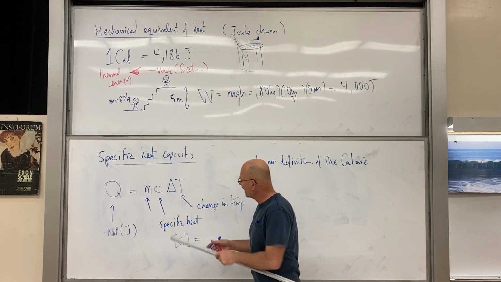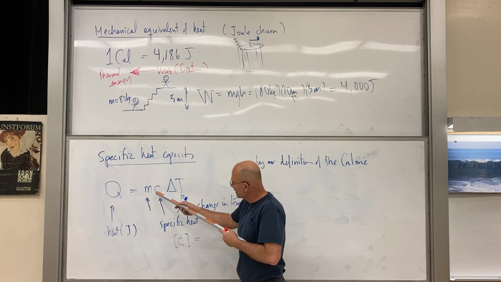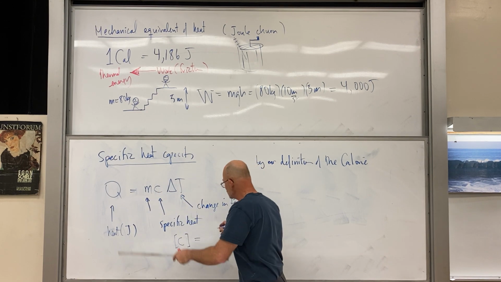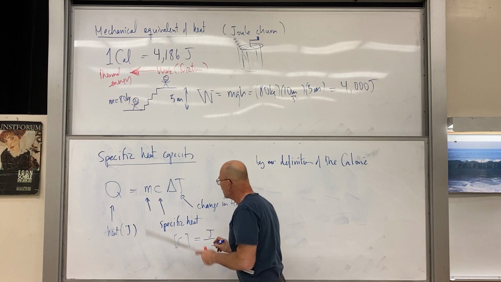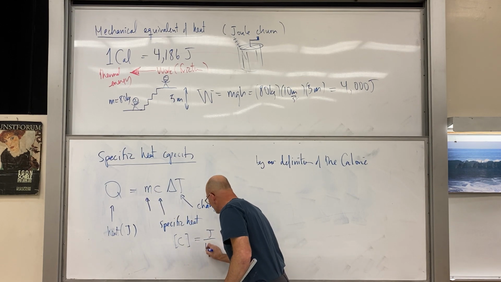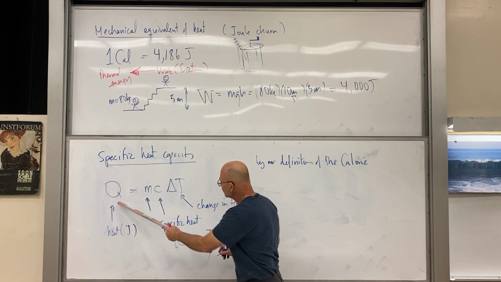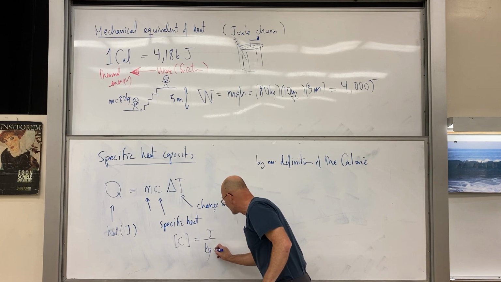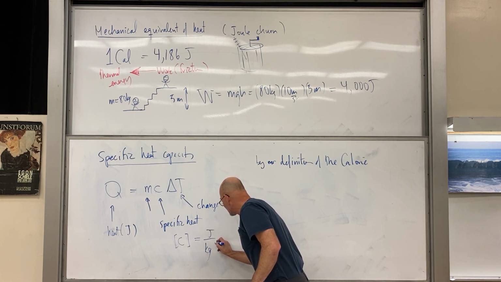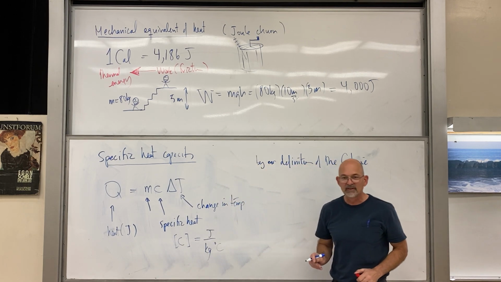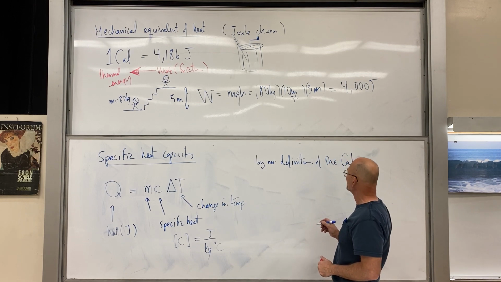And you can easily see, we're just going to solve for C here. We have the units joules, mass in kilograms, so we divide by mass, joules per kilogram, degree Celsius. Okay, so those are the units of the specific heat capacity.